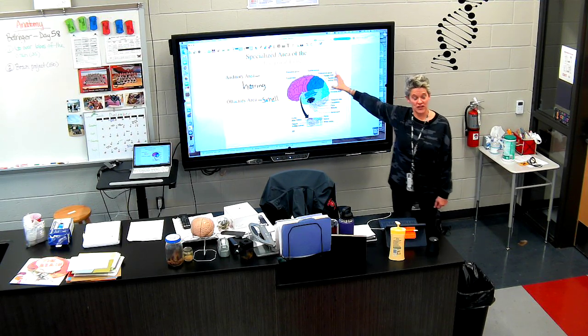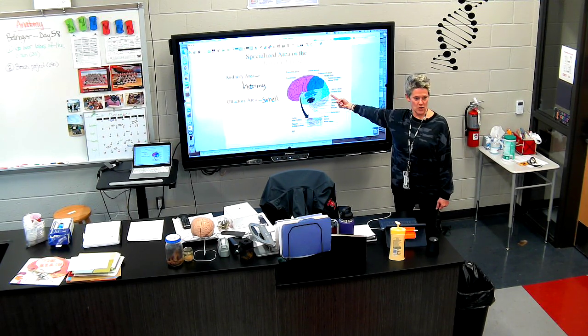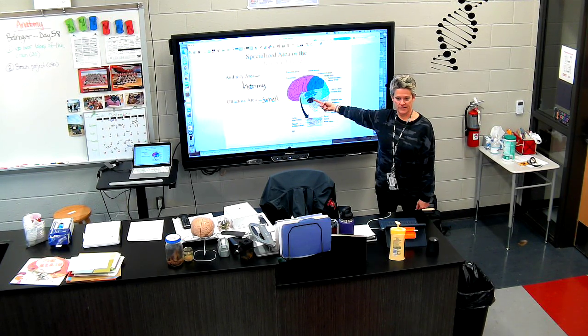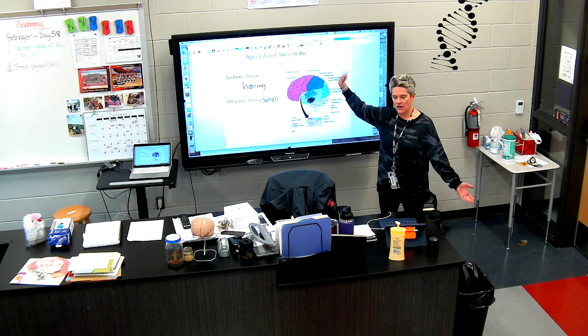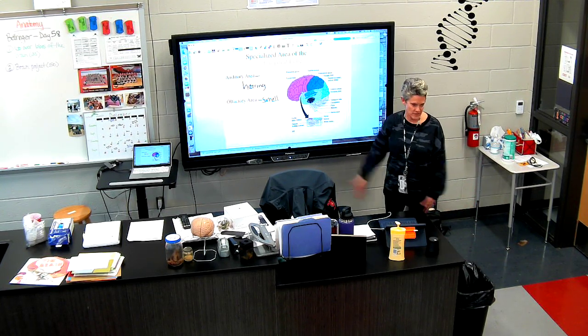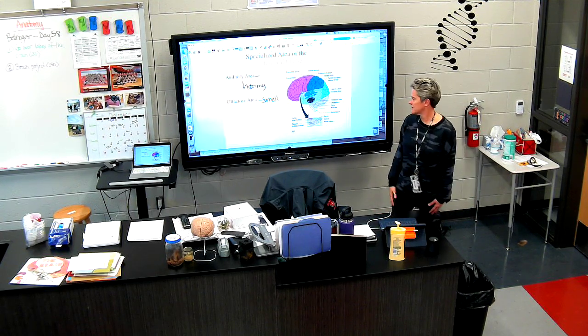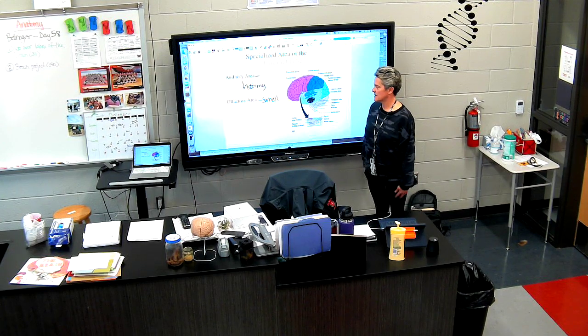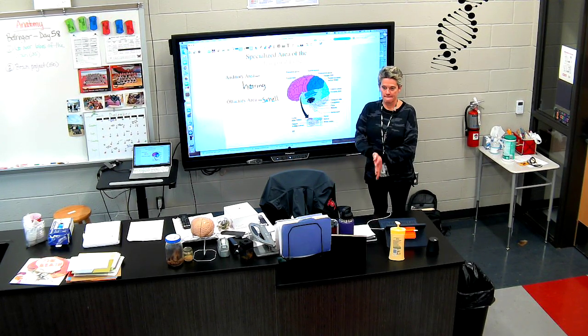Then vision we had in the occipital lobe, and smell and hearing in the temporal lobe. So we've got all 5 of our senses covered, but it's called the sensory strip because 2 of the 5 are there, plus some other things. So that's your hearing and smell in the temporal lobe, and that's it. Questions on any of that?